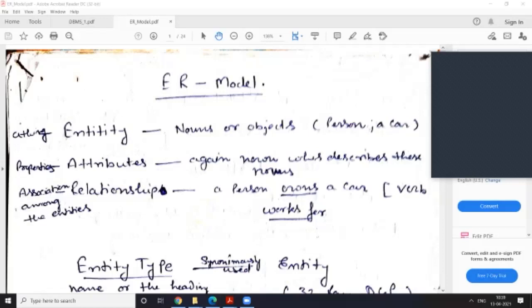Okay, so how will you identify that entity? Obviously, nouns. You all know a noun is the name of a person, place, or thing. This is the definition of a noun. It's just like an object.